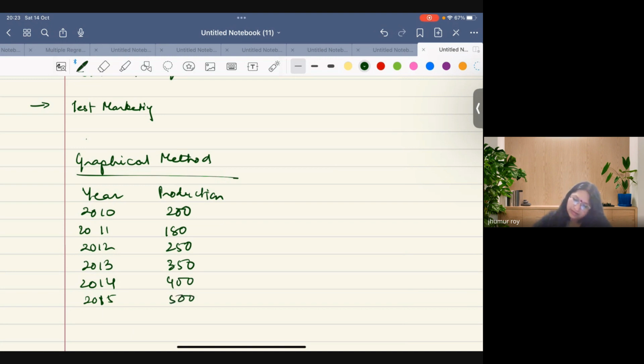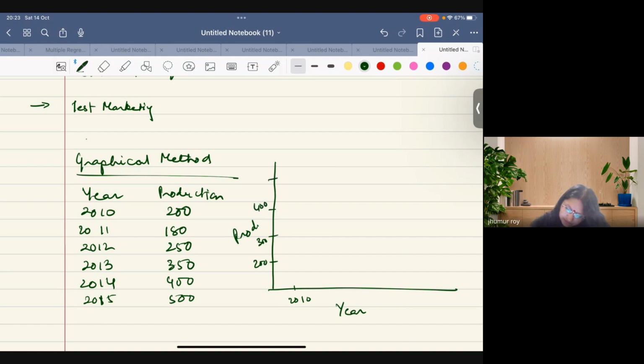So what you're doing is you will try to plot this. So you will take year here and you will take production here. So suppose for the year 2010, I'm just roughly drawing it just to give you an idea. So this is 300. Suppose you take 400 and 500.